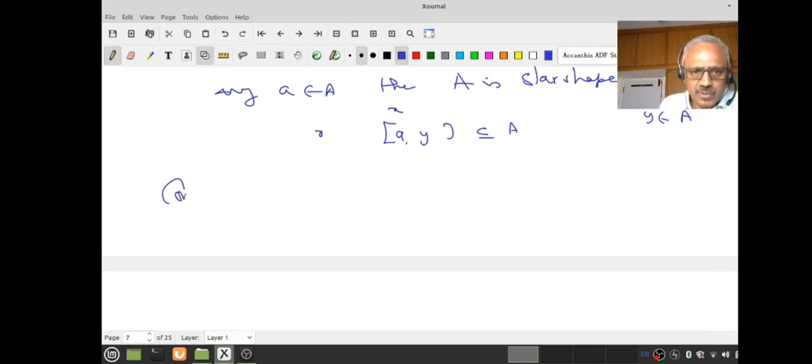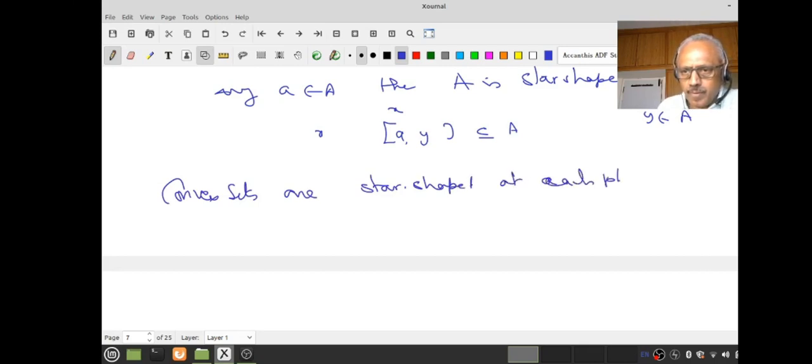Therefore convex sets are star shaped at every point, and conversely, if I start with a set A which is star shaped at each and every point, then it has to be a convex set.